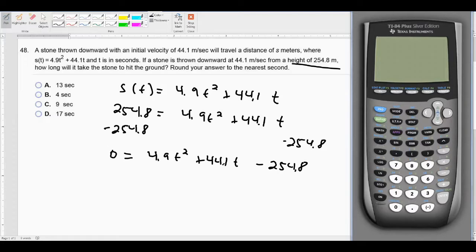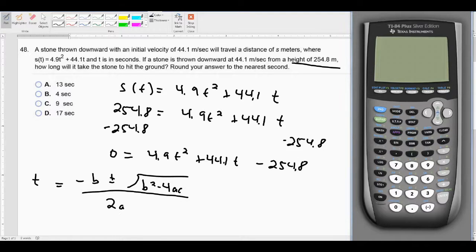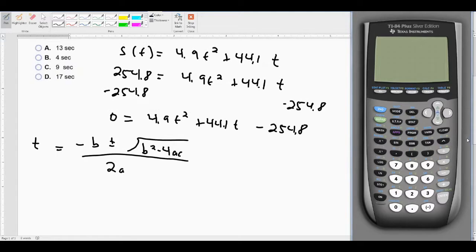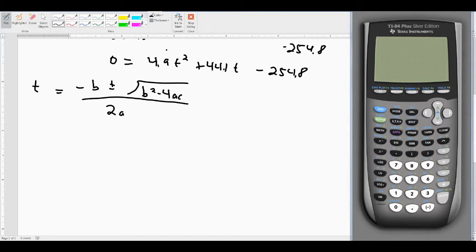And now this is a quadratic equation, which means we're going to use the quadratic formula, which is x equals, or in this case, t equals negative b plus or minus square root of b squared minus 4ac all over 2a, which means that this is our a, this is our b, and this is our c. So watch how I substitute it into the formula.